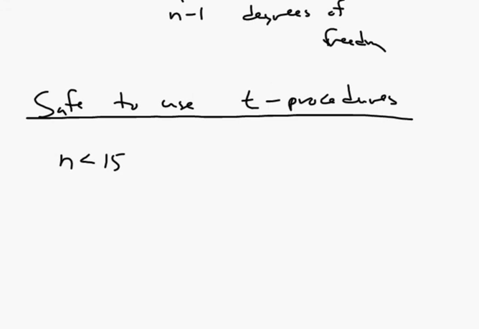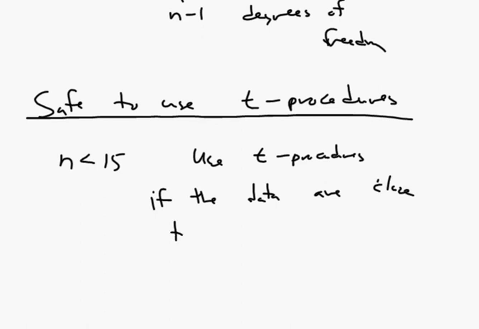Okay, so if you have a really small sample size, then you can use the t procedures if the data are close to normal.